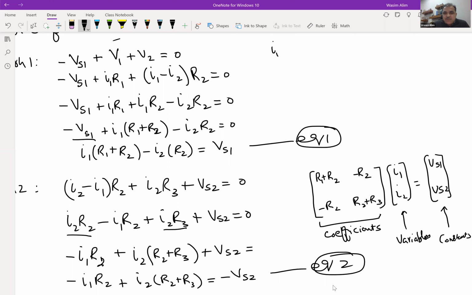So this is from equation 1. Again, we're talking about the general form here. So I1 (R1 plus R2) is equal to, again, the term that goes to the other side will become positive from a negative.